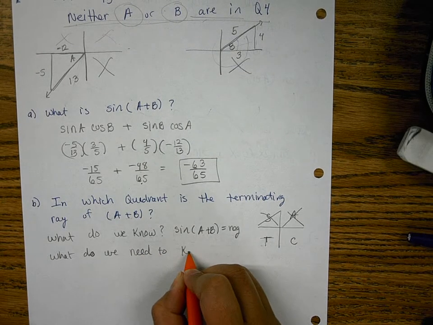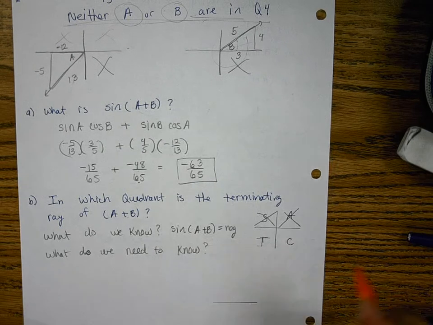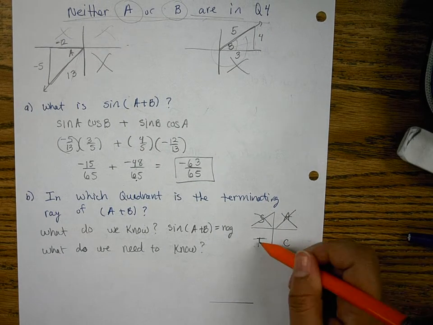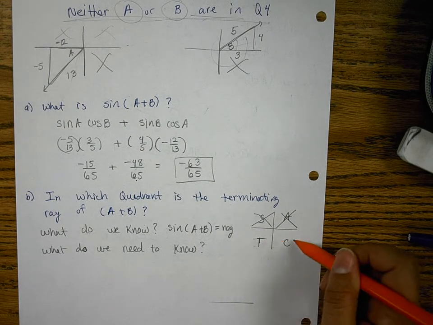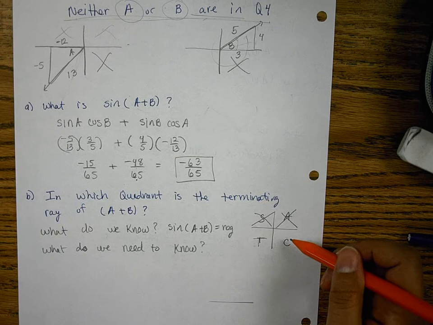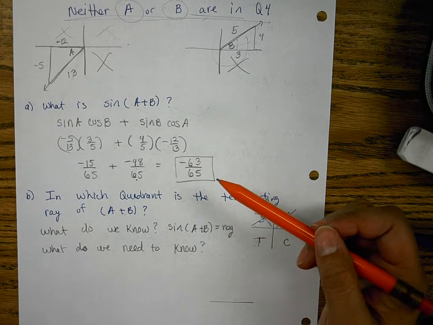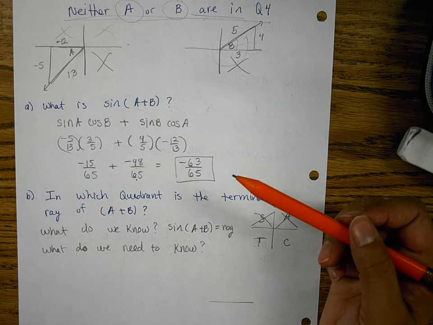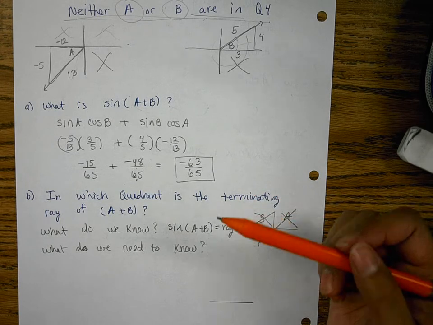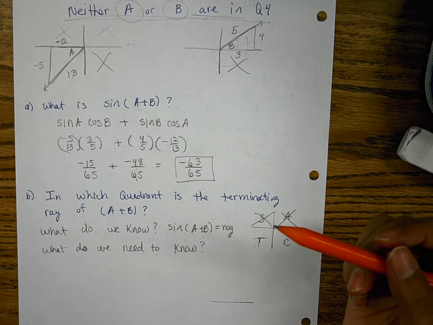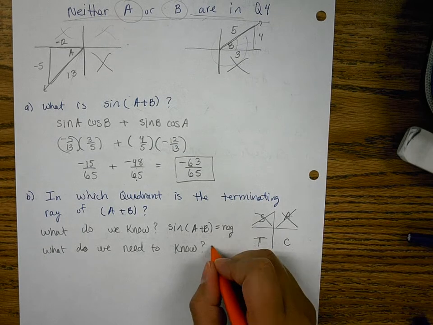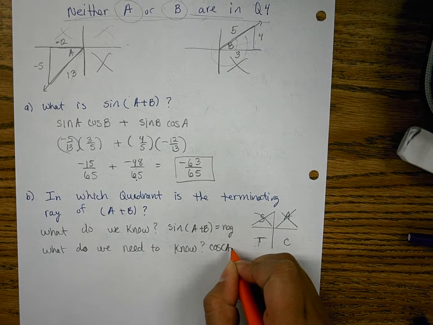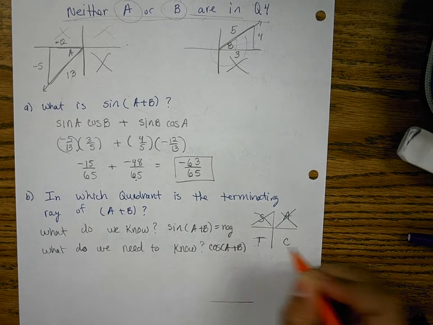What do we need to know? We need to know which quadrant it is in between these two. So the only other functions we have for these a plus b is cosine and tangent.